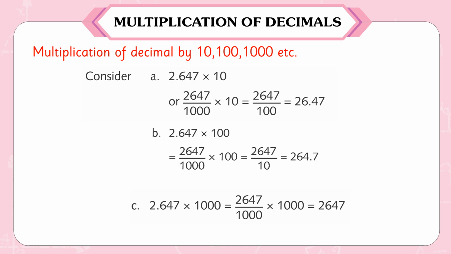B. 2.647 times 100 is equal to 2647 upon 1000 times 100, which is equal to 2647 upon 10, which is equal to 264.7.